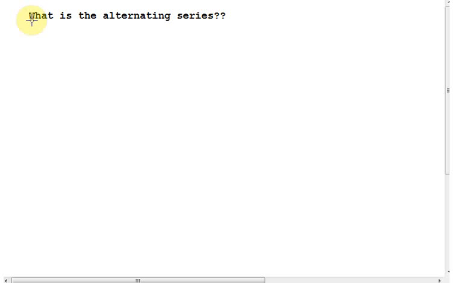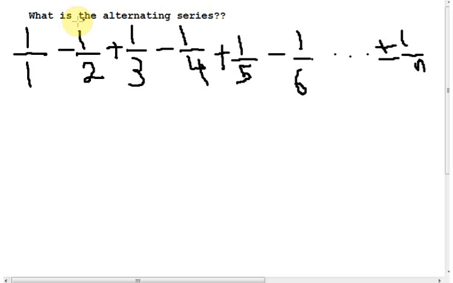So we'll start with what the alternating series is. Here's a very typical example of the alternating series, and it's alternating because the signs are changing between positive and negative between each term.